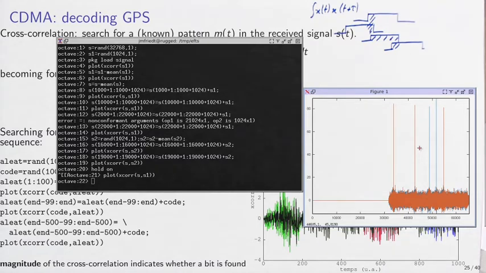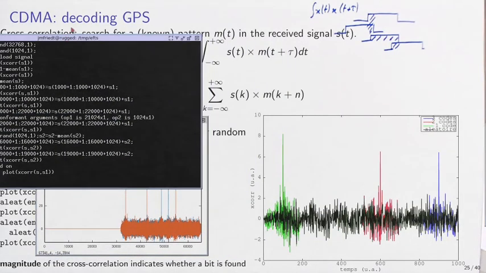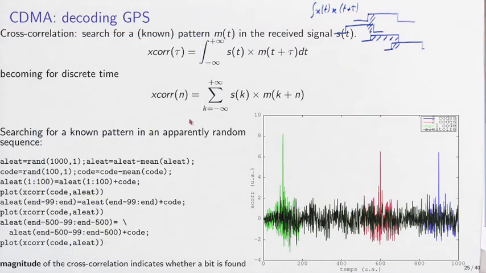This is half of the story because GPS is a BPSK, and in addition to knowing that a satellite has transmitted, we wish to know what was the phase that was transmitted by this satellite. Now, if you look at the expression of correlation, you see that the correlation is the integral of S, the signal, times the pattern time shifted.